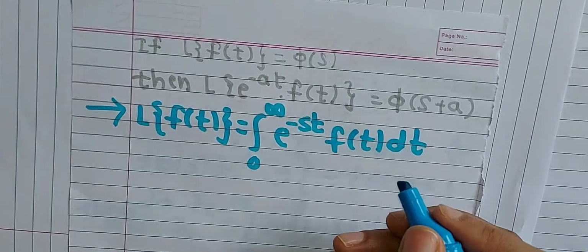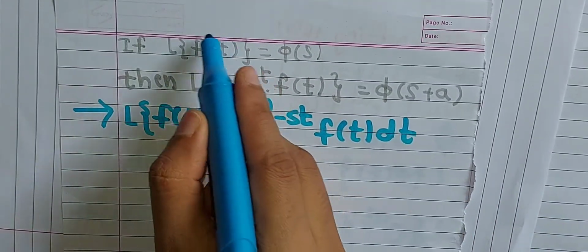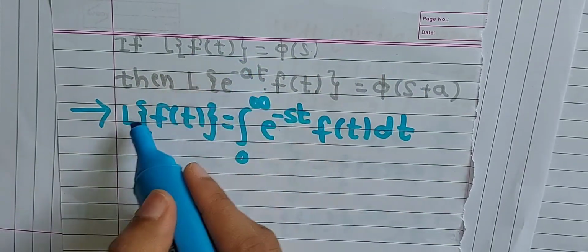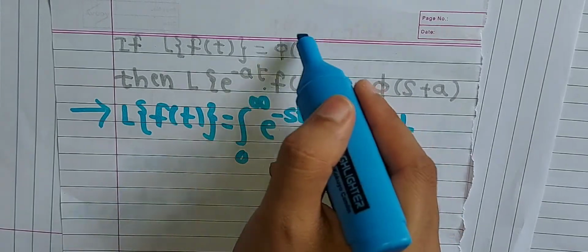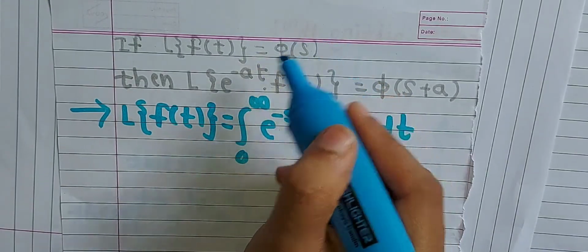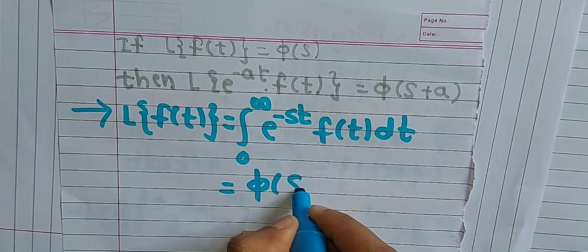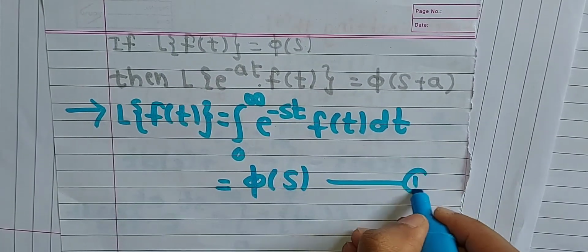As we have already given the condition, the Laplace transformation of f of t is equal to phi of s. So write it as phi of s, and we denote this as equation number 1.